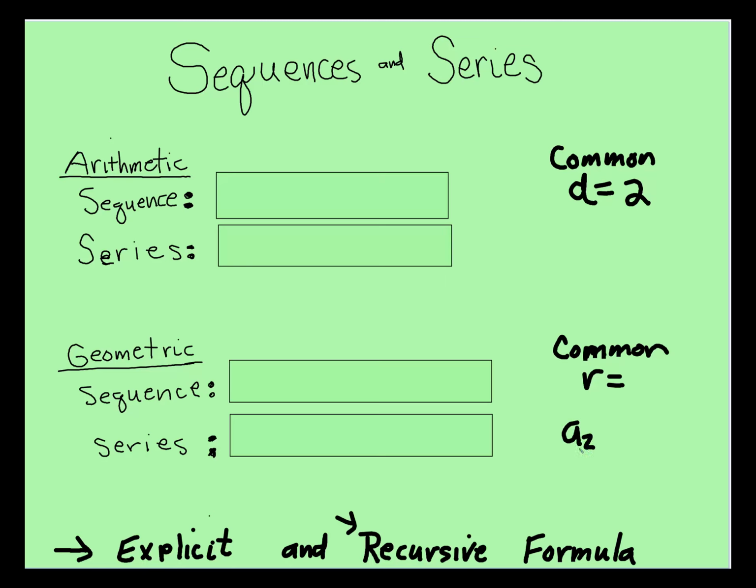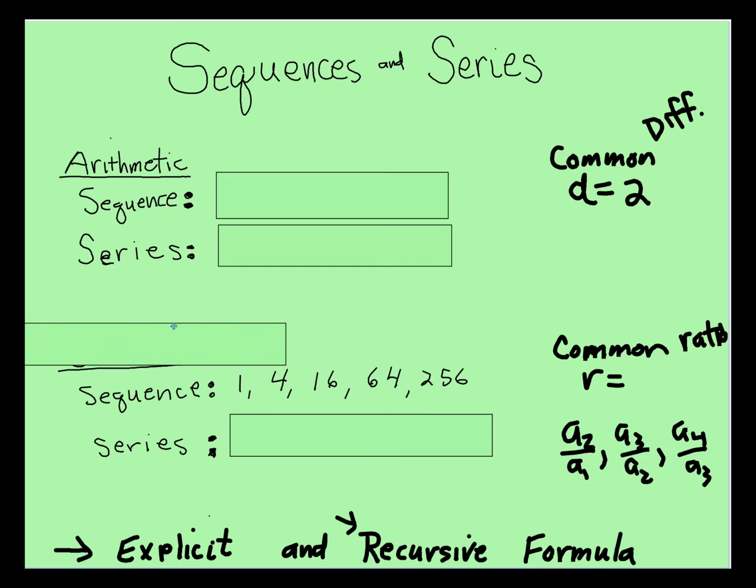So the second number divide by the first number, and then maybe the third number divide by the second number, and the fourth number divide by the third number. And if all of those quotients are the same, they have a common ratio. So in geometric sequences, there's a common ratio. In arithmetic sequences, we have a common difference.